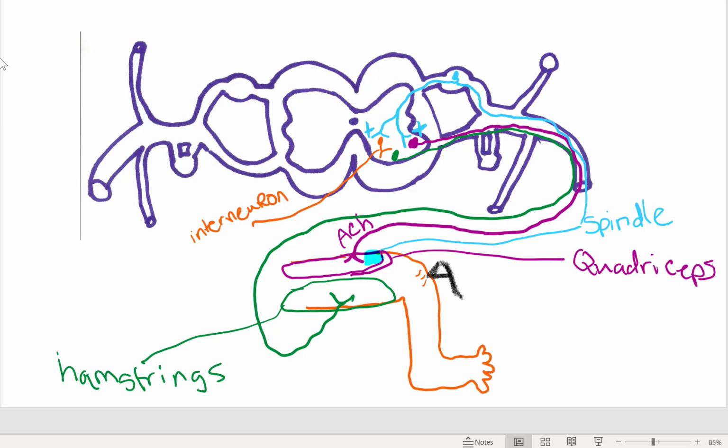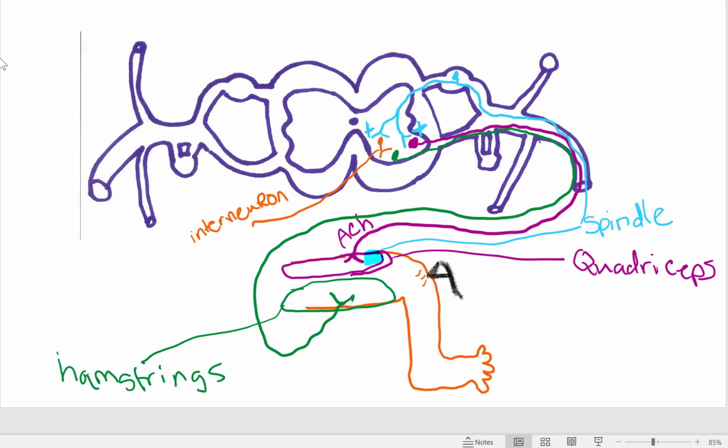But it's not the only neurotransmitter that can be used for excitation. So I just put a plus sign to show that this spindle fiber would cause the afferent nerve to release excitatory neurotransmitter on these neurons that are shown in the spinal cord.